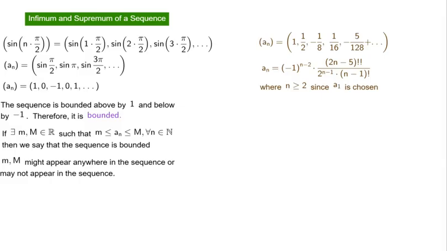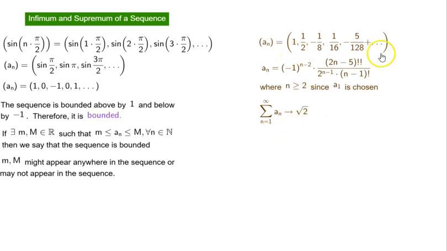But minus 1 double factorial is treated as 1. And next term onwards, it becomes straightforward because now n will be 3. 3 times 2 minus 5 is 1. So 1 double factorial. So here the series associated with this sequence tends to root 2.